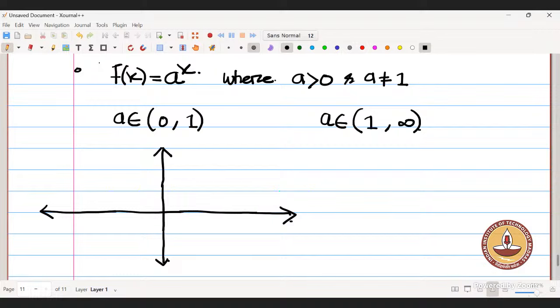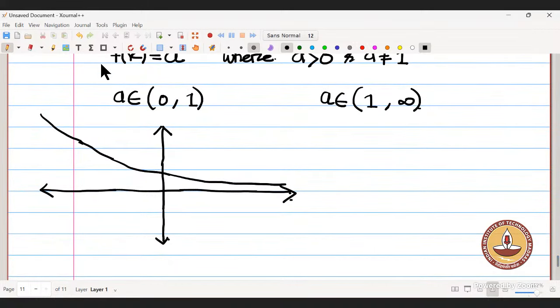I agree this is decreasing, but certainly it's not asymptotic to the y-axis. See, this will be the graph of this, right? And in this case, if you draw, what will be the graph?